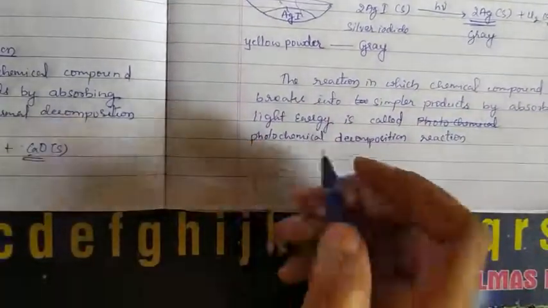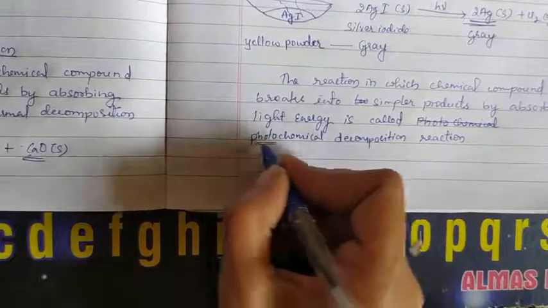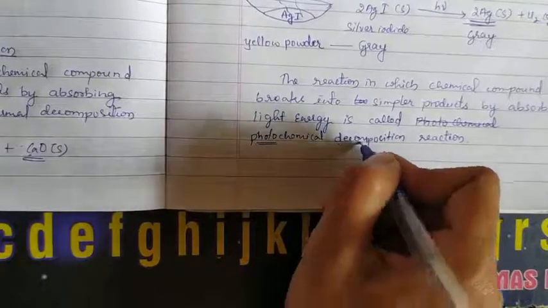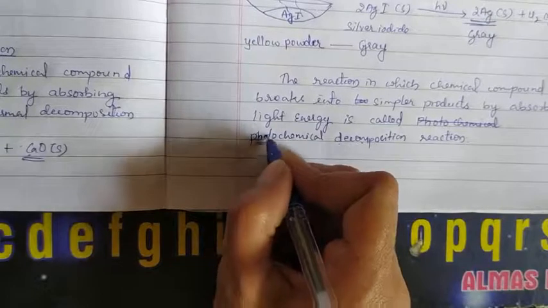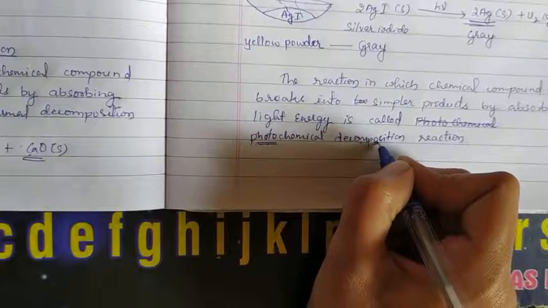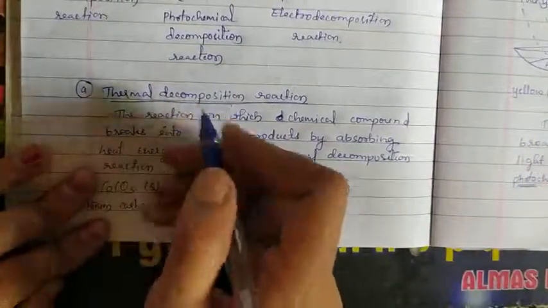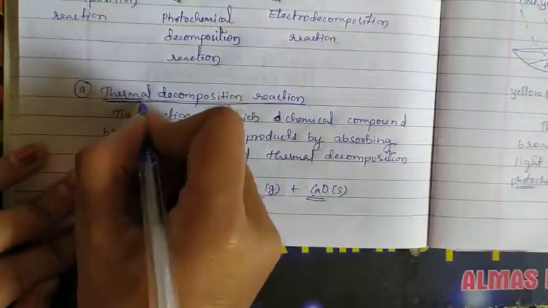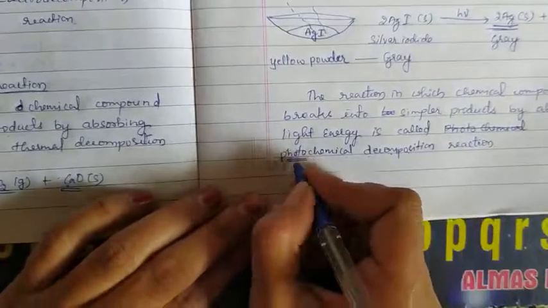See here, the word photo means sunlight. Photochemical decomposition: due to the absorption of light energy, decomposition of the chemical substance takes place. Also observe that in thermal decomposition, thermal means heat energy, and photo means light energy.